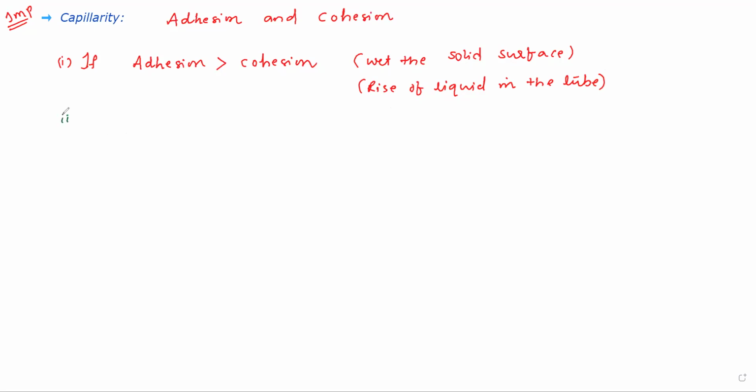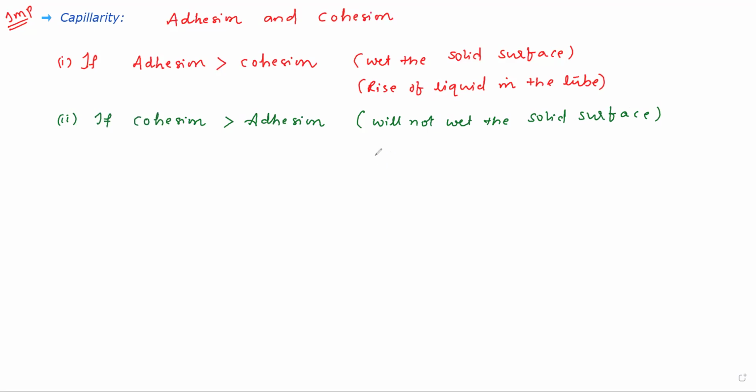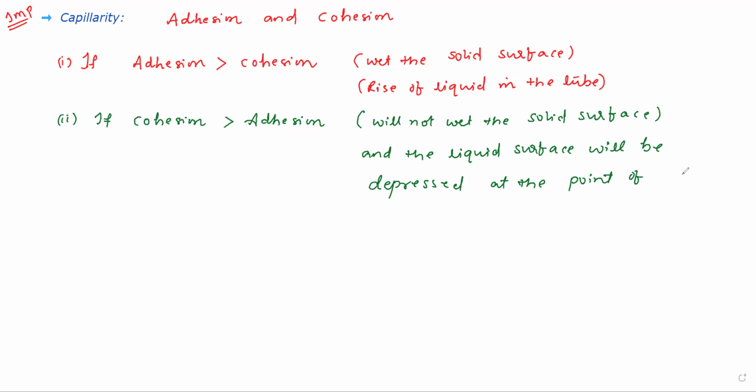Now the second condition is if the cohesion is greater than adhesion, then the liquid will not wet the solid surface, and the liquid surface will be depressed at the point of contact.